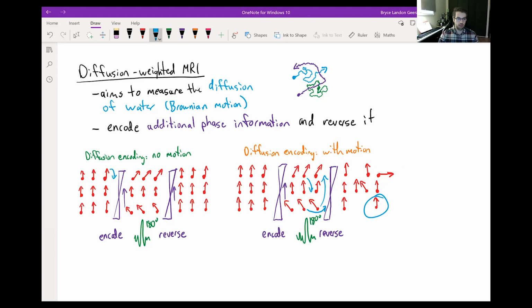So we actually don't detect diffusion in directions orthogonal or other than the direction of the diffusion gradient that's actually being applied here. And that's pretty important. So that is essentially the concept of how we check for diffusion in a nutshell. And that's diffusion-weighted MRI. So let's talk about how this concept is applied.